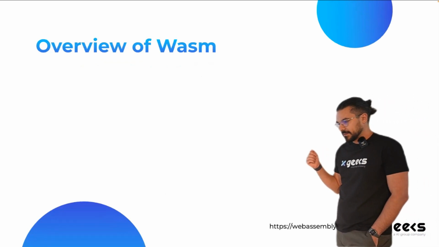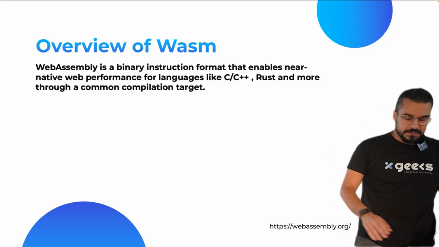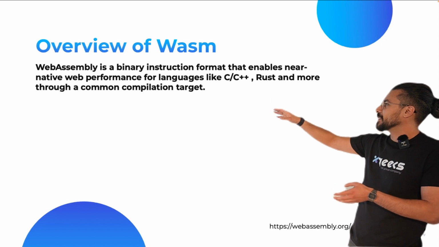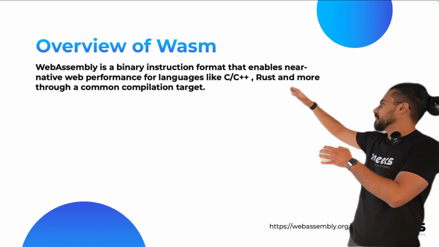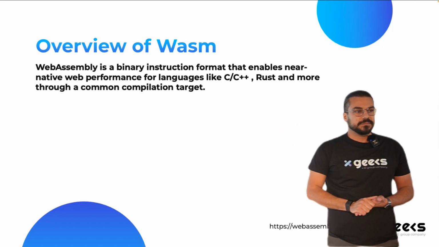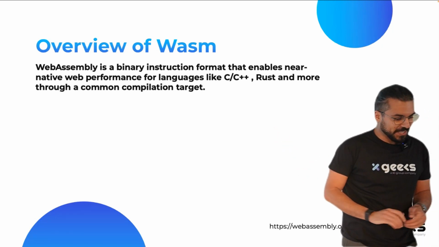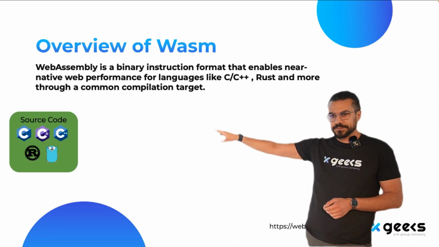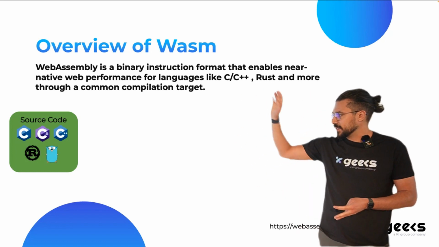Okay, but what is WebAssembly? So WebAssembly, I'm going to read that, is a binary instruction format that enables near-native web performance for a language like C, Rust, and so on, through a common compilation target. Now you guys know what WebAssembly is, okay? Okay, let's make it simpler. So, you have your source code with your favorite language, okay? Go, Rust, C, C++, whatever.